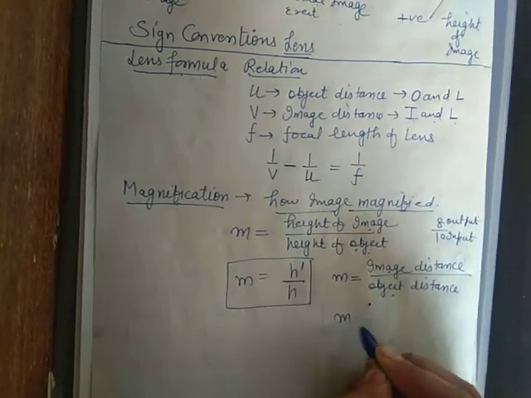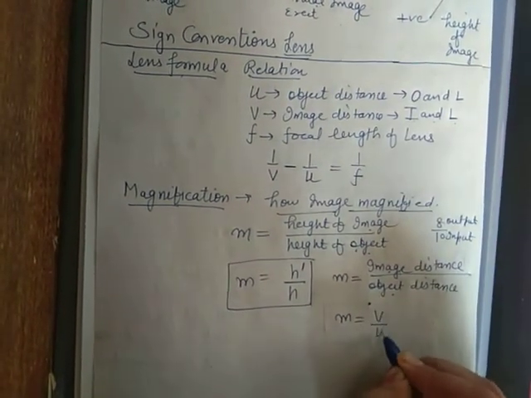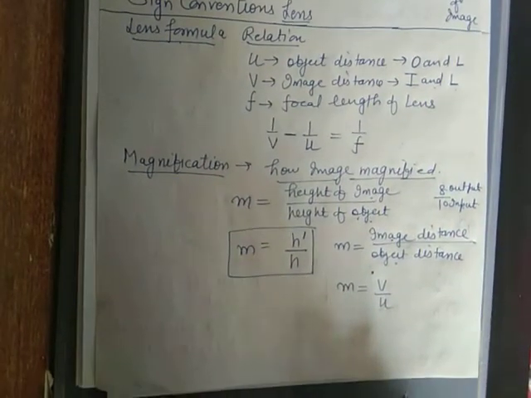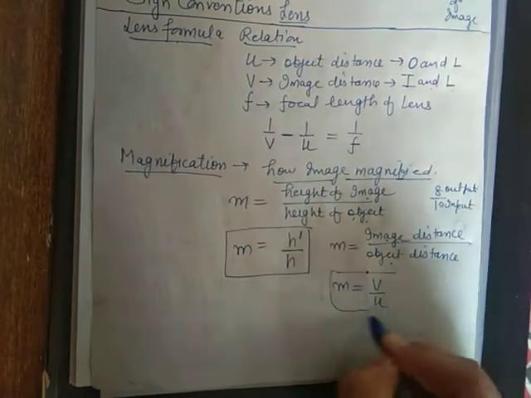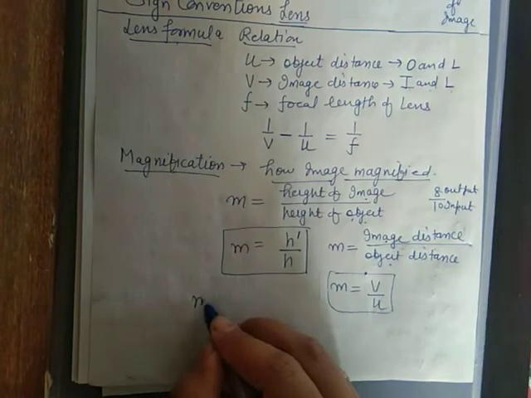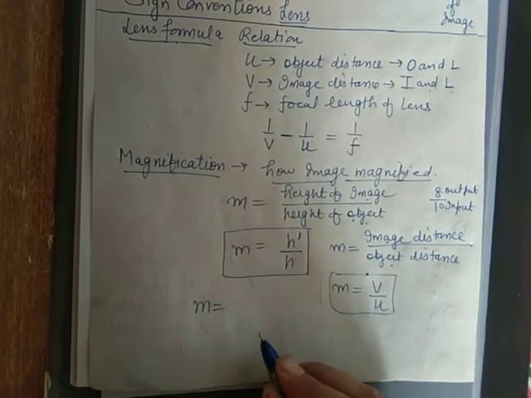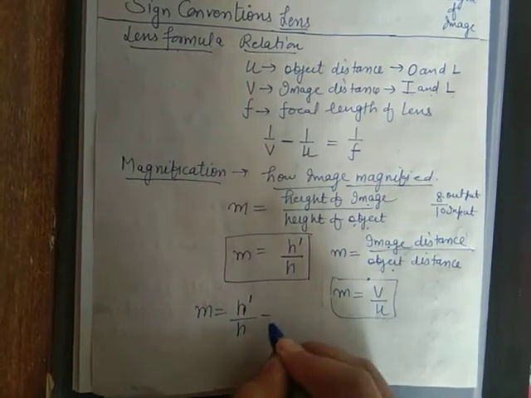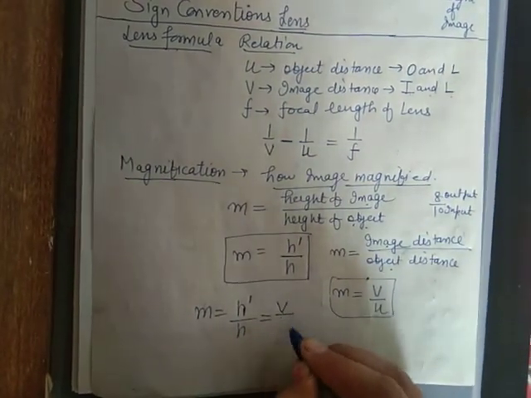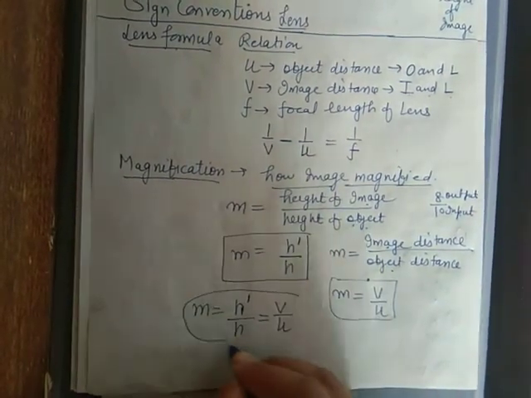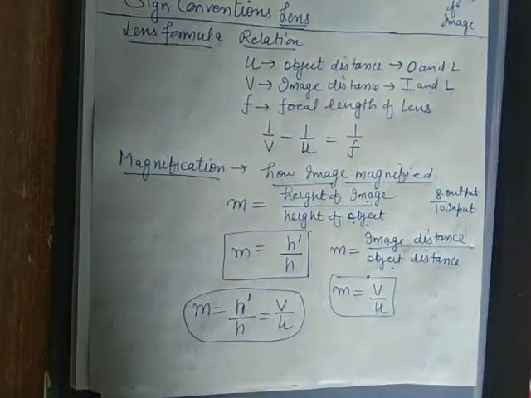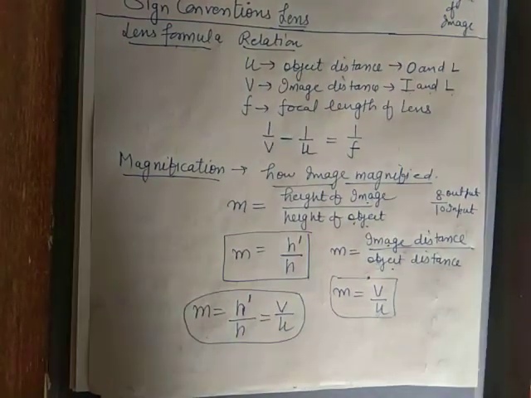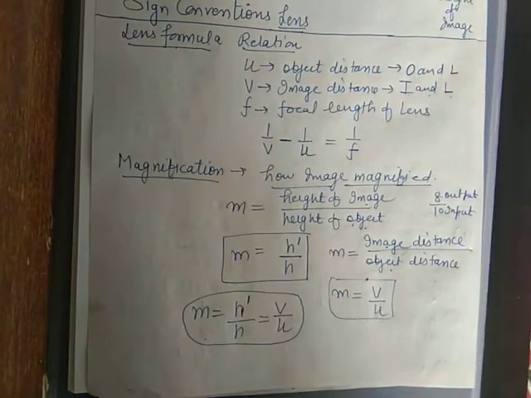So it can also be represented as M is equal to V by U. From these two formulas we come to know that M indirectly relates height of object or image with distance of image or object. So we have to learn this formula so as to go towards numerical section.